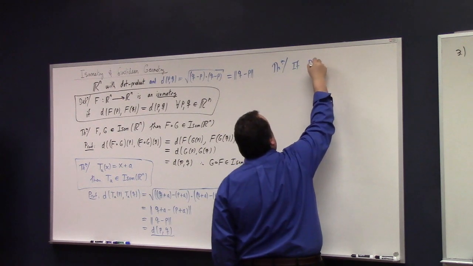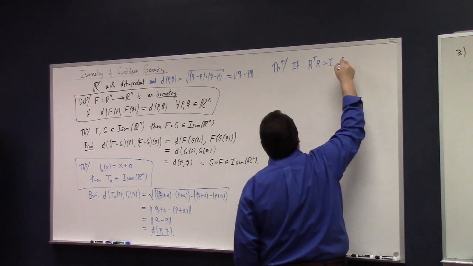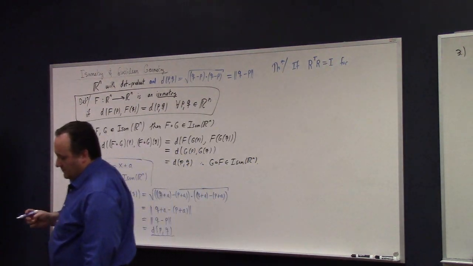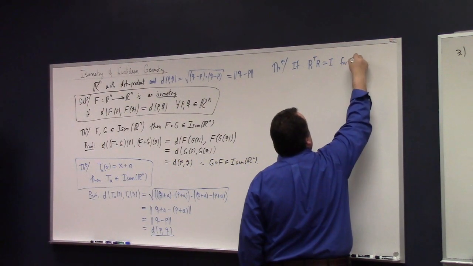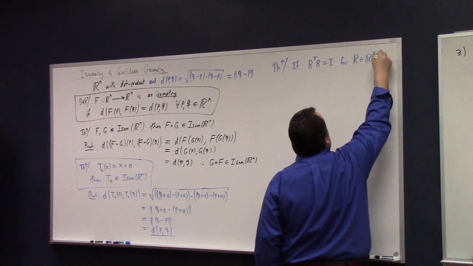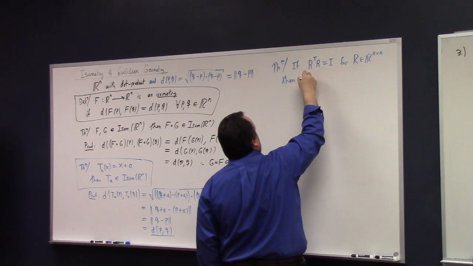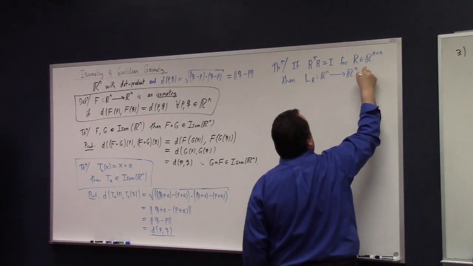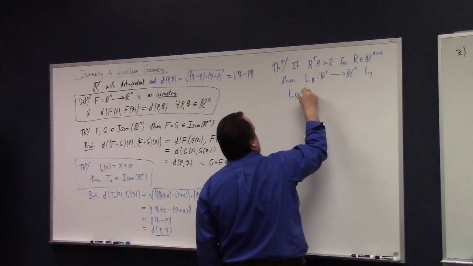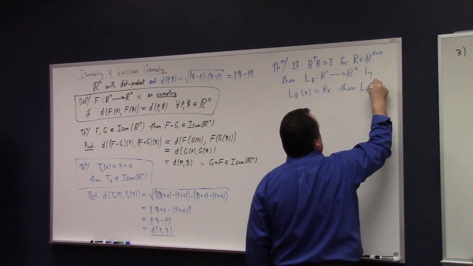If R transpose R is equal to I, and by the way, we'll stick with Rn here, for an n by n matrix R, then if we define, let's call it L sub R, mapping from Rn to Rn by L sub R of x equal to Rx, then L sub R is an isometry.